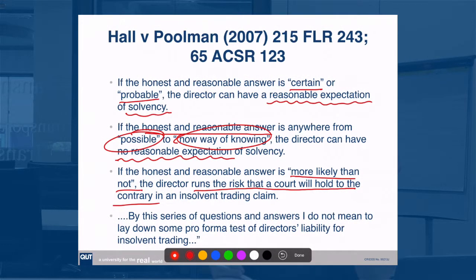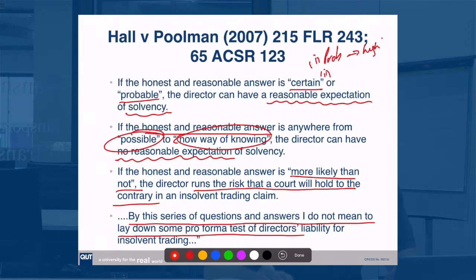And then note, as only a judge can, he says, by this series of questions and answers, I do not mean to lay down some pro forma test, which he of course has done, but it's not a strict test. So two things. The probability you can pay the debt needs to be high. Second, if you can't pay within 3 months, you're insolvent.